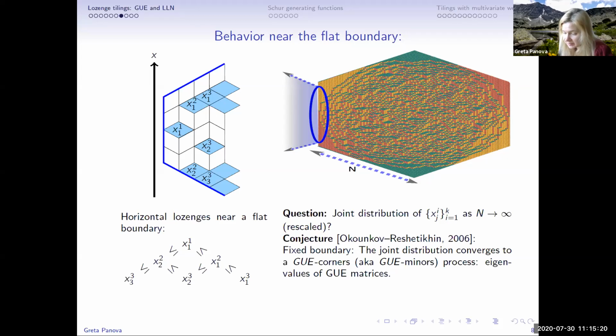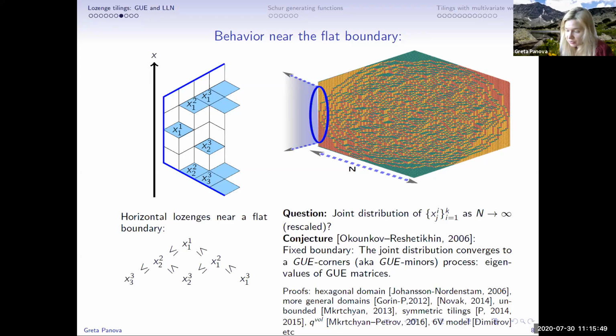And here is the random matrix. The joint distribution converges to what is called the Gaussian unitary ensemble corners process. Basically, if we rescale these numbers x_ij the right way, then they behave the same as eigenvalues of random matrices chosen from the Gaussian unitary ensemble.